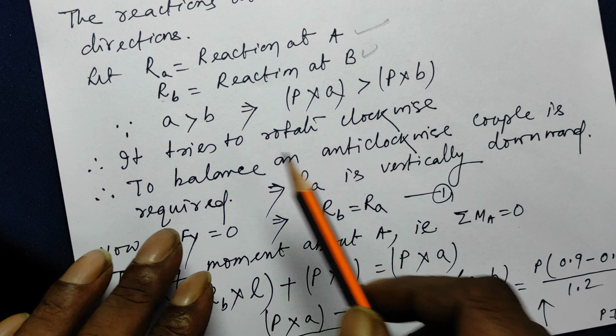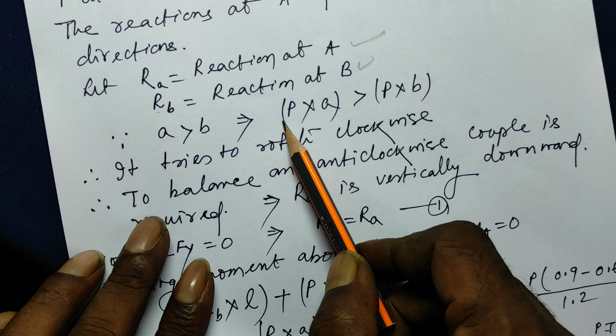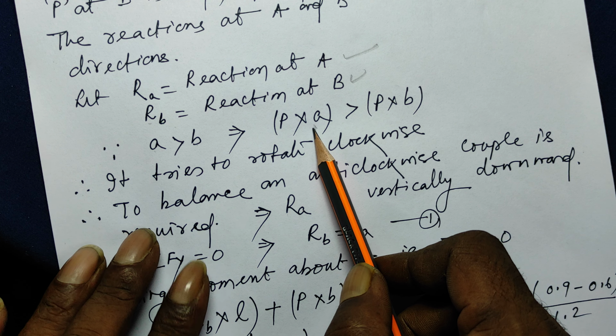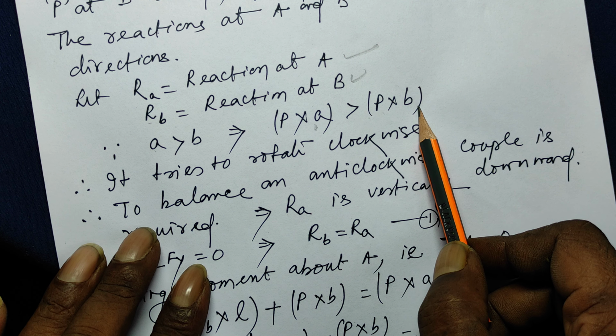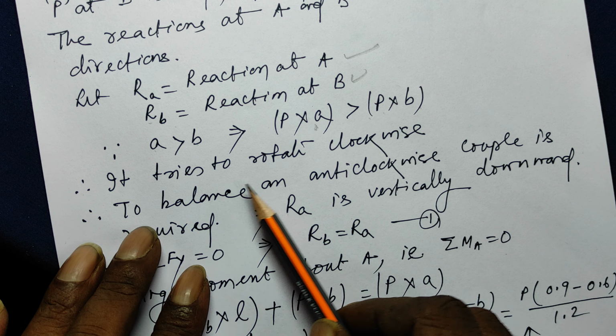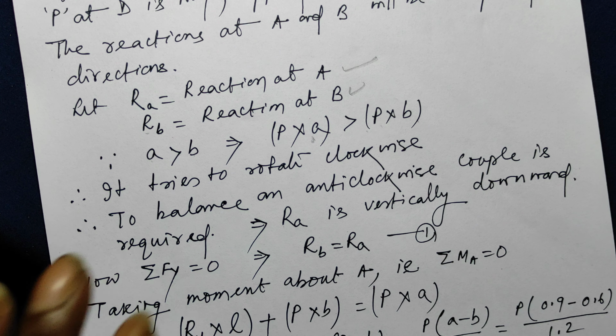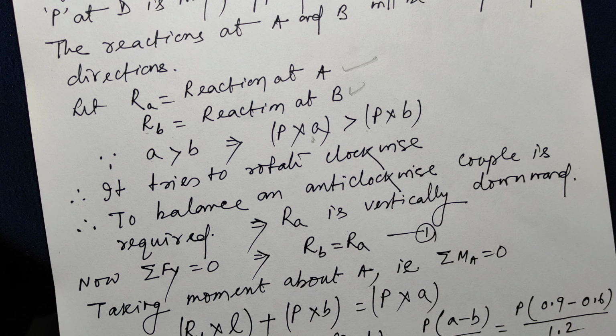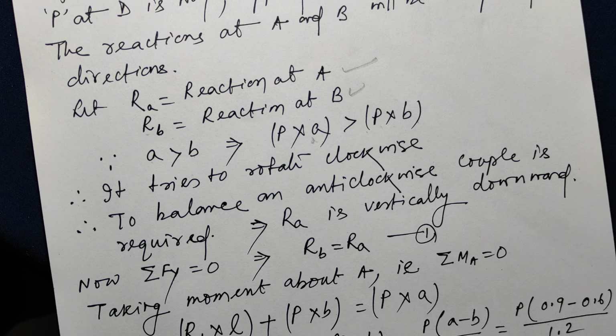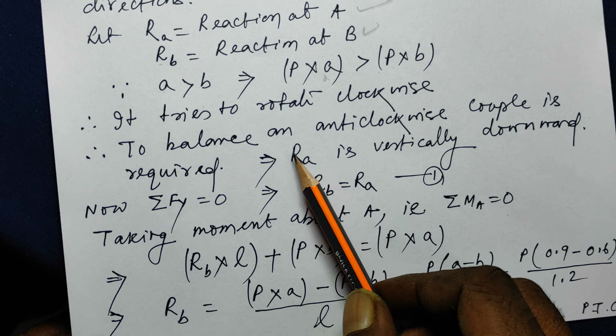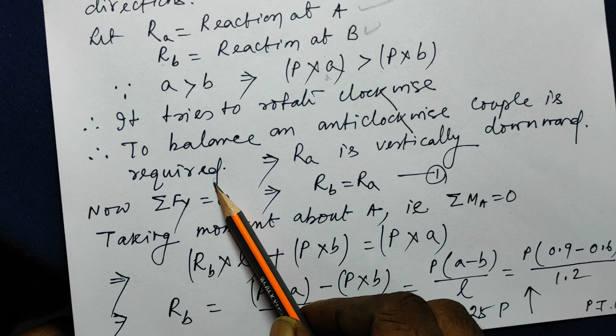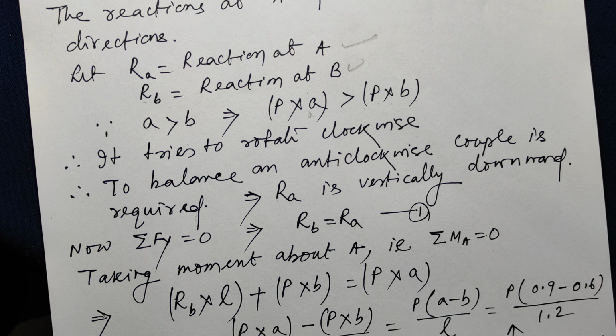So that is what I have explained. Since A is greater than B, P times A, which is a clockwise turning effect, is greater than P times B, so it tries to rotate clockwise because the clockwise turning effect dominates the anti-clockwise turning effect. So to balance it, an anti-clockwise couple is required, because it is in a balanced condition.